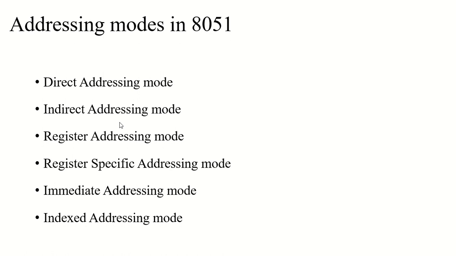When you write DA A, it will decimal adjust the accumulator for addition. This mode is not used very commonly, and the instructions themselves indicate that you are using this addressing mode.